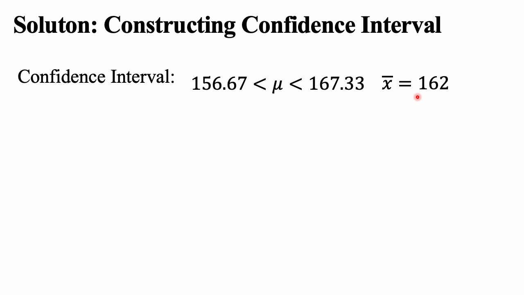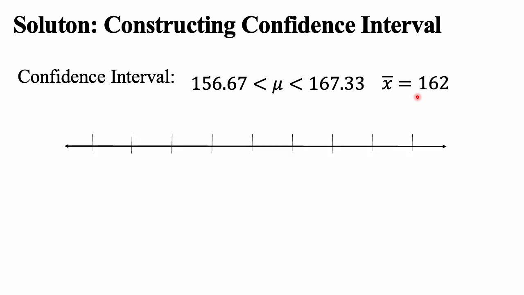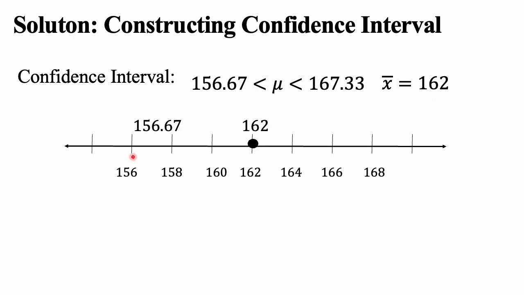Let's visualize it. So this is the confidence interval for the population mean. This is the sample mean, the point estimate, here is going to be sample mean 160. Left end is going to be 156.67, right end 167.33. Now you have the confidence interval.